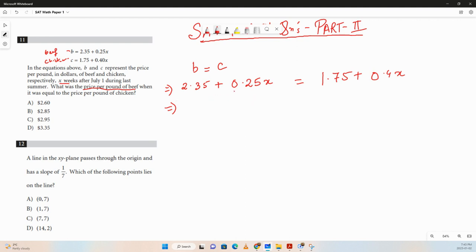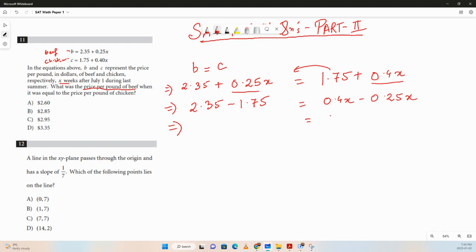So here the like terms are x, so we'll move all the x on one side. So here we get 0.4x minus 0.25x, right? And in here we have 2.35 minus 1.75. So 1.75 goes on this side. So 2.35 minus 1.75, right?